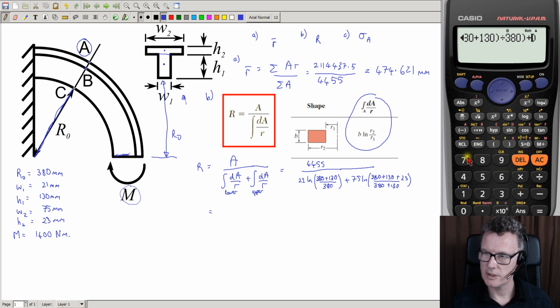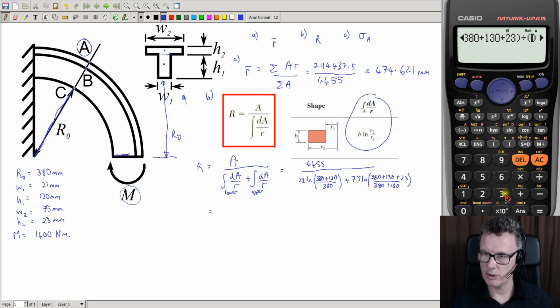Plus 75 times by natural log. Close that bracket. I want a bracket on top and I want a bracket on bottom. On top, I'm going to put in 380 plus 130 plus 23.